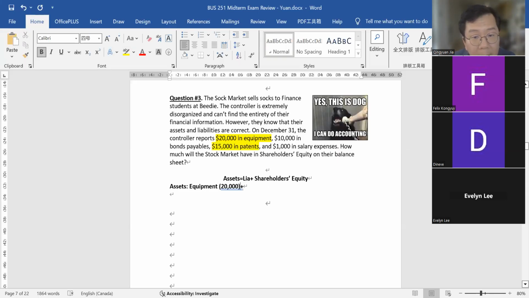It's an intangible asset. It's a copyright or patent that a company could have, and this patent could bring value and benefit to the company. You can license it to others, or let others use it, and then you collect the money, right? This patent is 15,000.